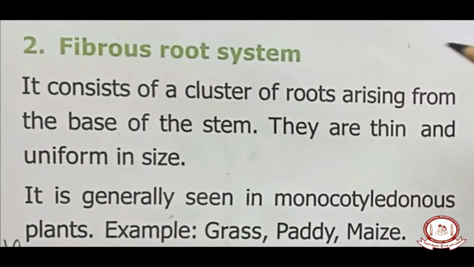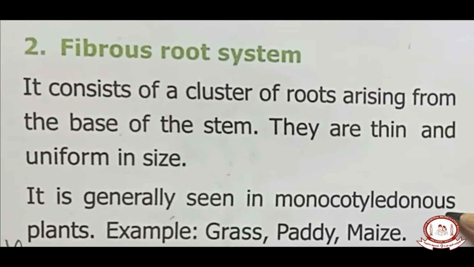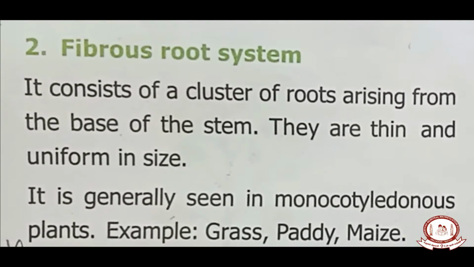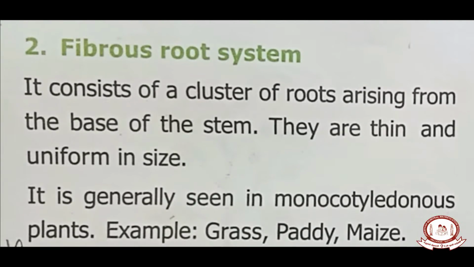The fibrous root system is generally seen in monocotyledonous plants. Monocotyledonous plants means plants having a single cotyledon. Examples: grass, paddy, maize. When you check a paddy seed, it has only one cotyledon.